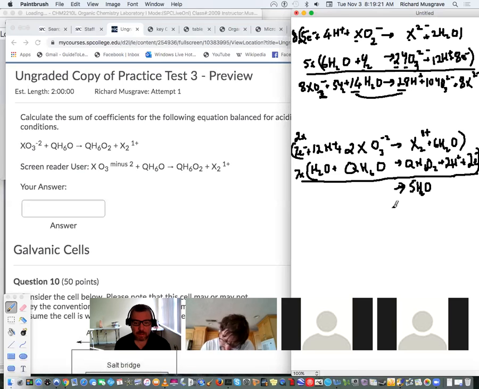Well, the only other H is from the Q, but those actually already balance out. So maybe if the hydrogens already balance out on the Q, then maybe the waters will balance. I suppose that's probably a better generalization to make. Okay. Well, it's good to know. All right. So 10. Fair enough.